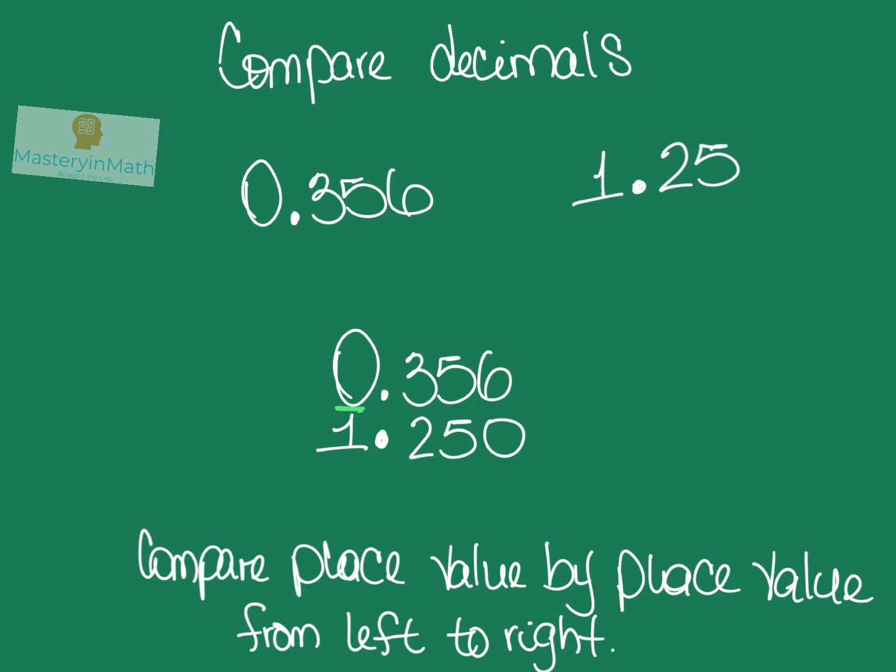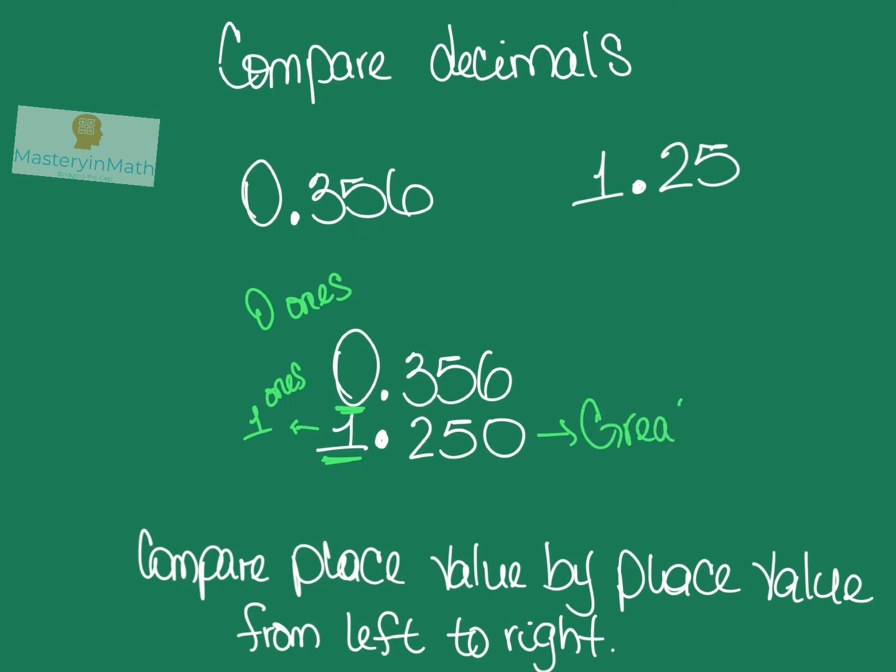You have 0 in the ones place, and then you also have 1 that is also in the ones place. We're going to compare them. And if we compare from left to right, you can see that 0 ones is less than 1 ones.